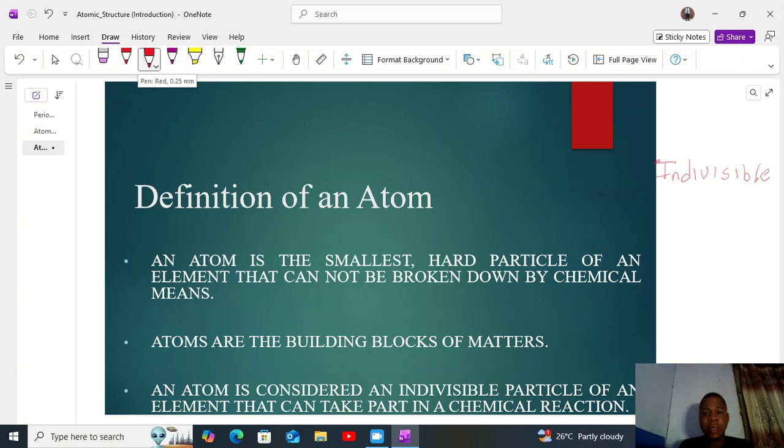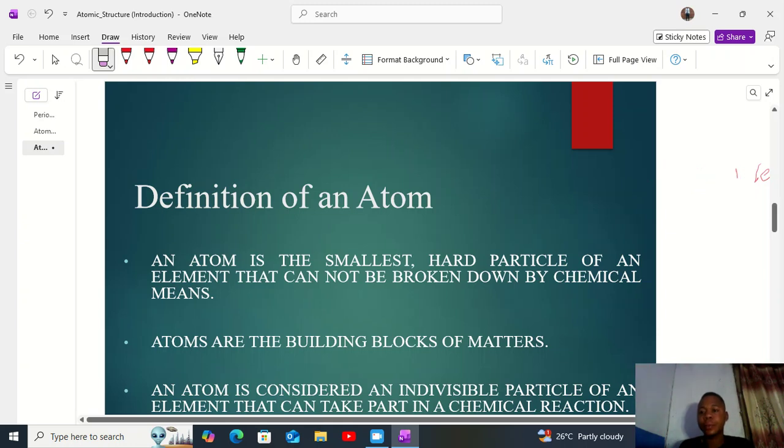Like I said earlier, matter is made up of atoms. It means every matter is composed of atoms. So atoms are the building blocks of matter, and they are considered indivisible, which means they cannot be divided.